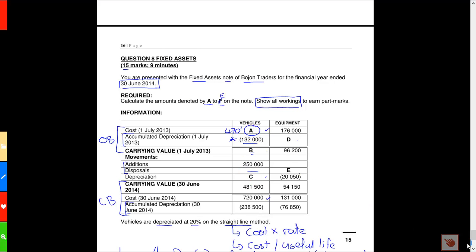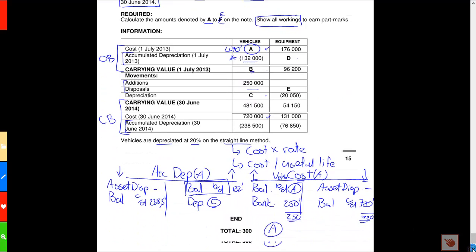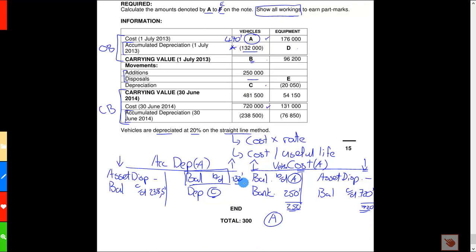Amount number C, we've drawn up our T account and we've put in the opening balance of 132, we've put in the closing balance of 238.5. The reason why we can put the closing balance there is because everything above the line is the balance carried down, right? We can draw our total lines there. At the end of the day, the new period will put the balance brought down again below the line.